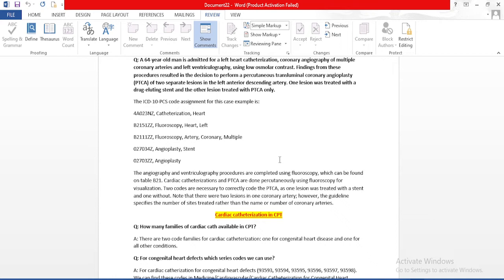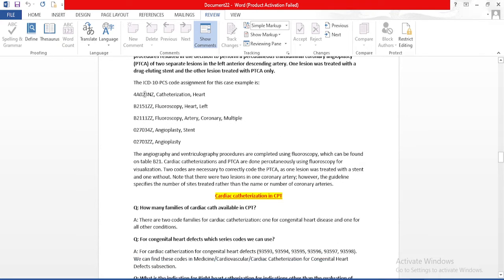One lesion was treated with a drug-eluting stent and the other lesion was treated with PTCA only. One is only angioplasty, meaning the physician does not insert any stent, and in the second the physician used a drug-eluting stent in one lesion. Angioplasty with stent is the more complex procedure, as after the angioplasty the physician may insert a stent.